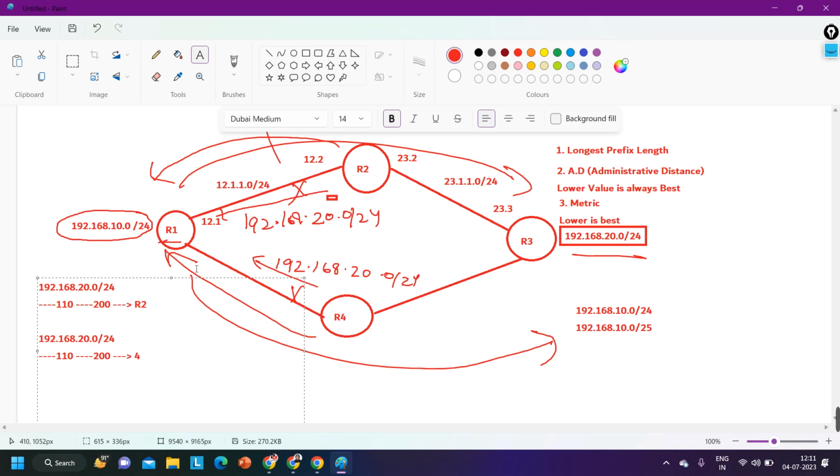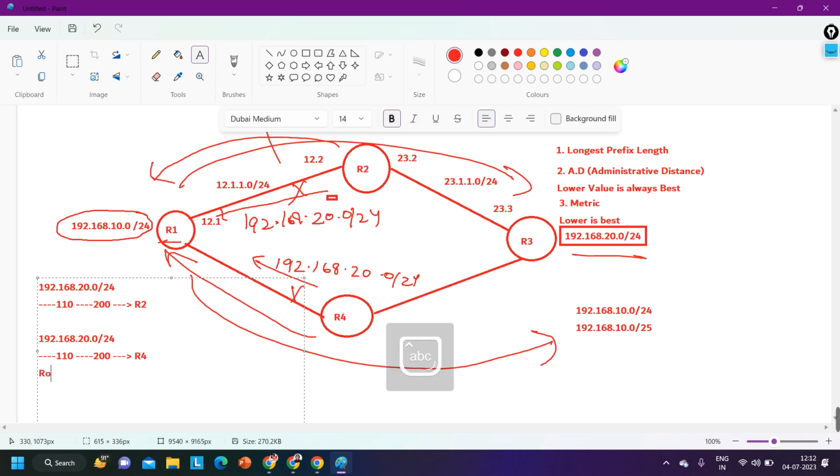So see, router 1 is receiving this network from two sides, from router number 2 and from router number 4. Yes or no? From both sides, the prefix length is the same, 24. AD value is the same and metric is the same. So if these three things are the same, then the router will perform load balancing.